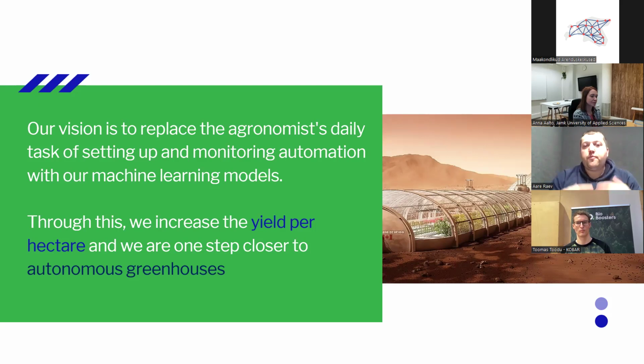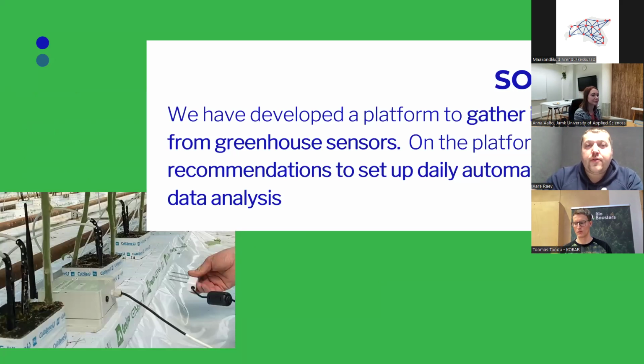Our main aim is to increase the yield, decrease the water input, and our vision is to be one step closer to the autonomous greenhouse. So what we have developed is a solution where we gather information from the greenhouse sensors, and our platform right now offers recommendations on how you should set up your daily automation for irrigation.